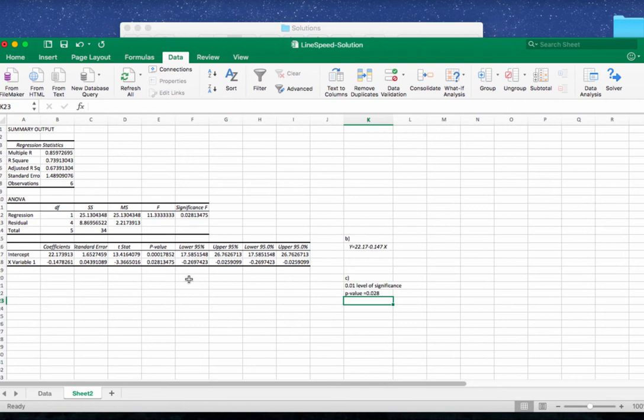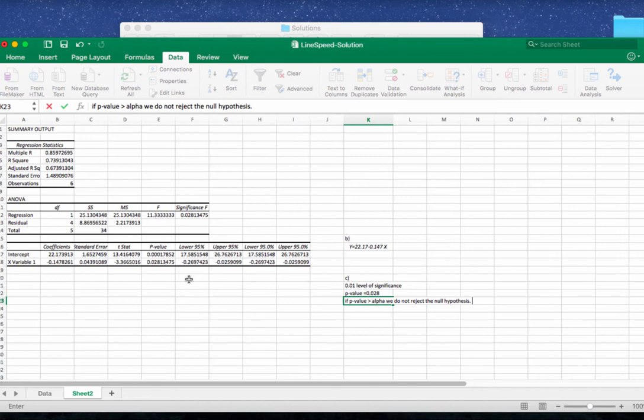Here is the deal. If the p-value is greater than alpha, which is the significance level, over here 0.01, then we do not reject the null hypothesis.